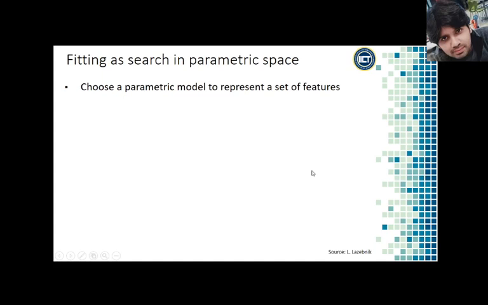As I already told you, it can be used as a fitting model for parametric shapes such as circles and lines. We have to choose a parametric model to represent a set of features whose membership criterion is not local, so we cannot tell whether a point belongs to a given model just by looking at that point.